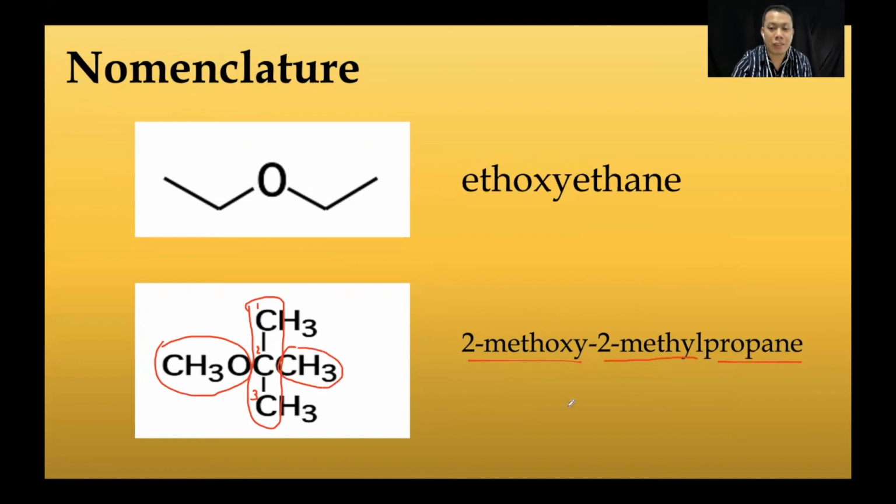In this particular example, you have to start first with the alkoxy group. So in this case, you have the 2-methoxy, and then followed by the other substituent, in this case, methyl. So that's why it is 2-methoxy-2-methylpropane. Propane because there are three carbon chain.